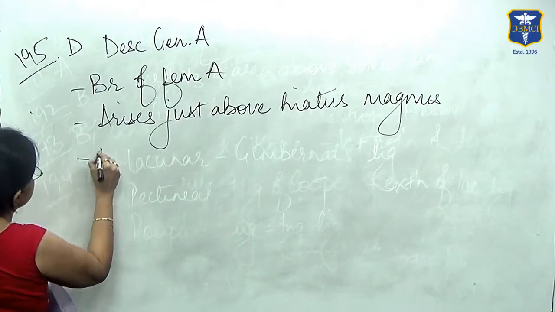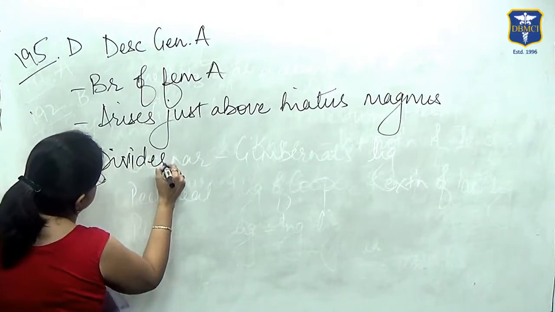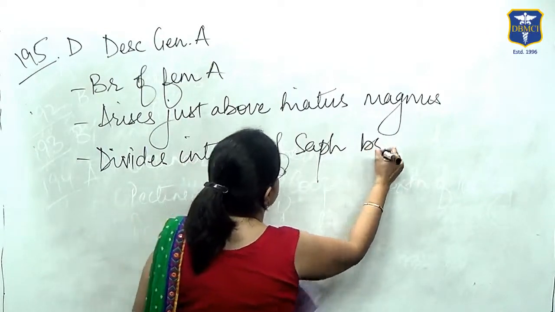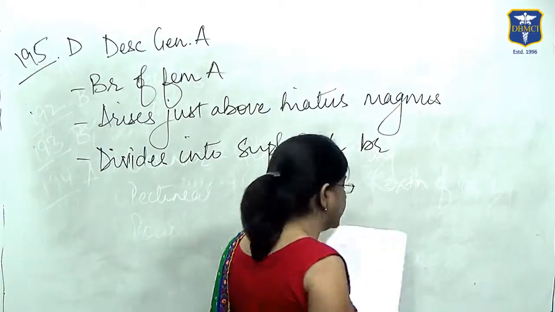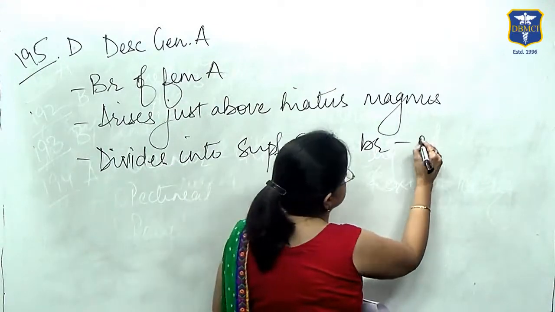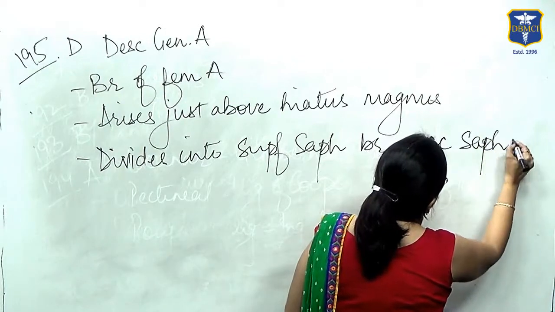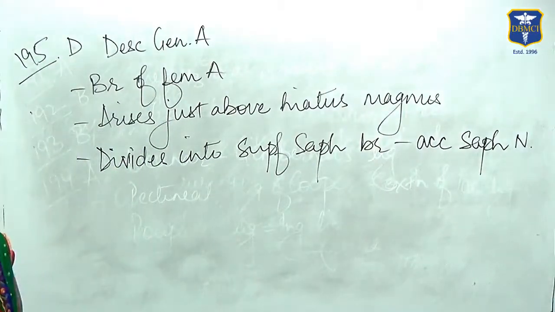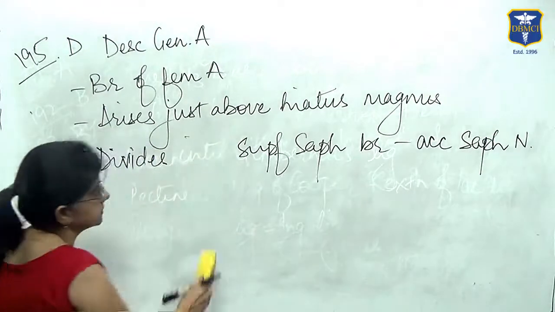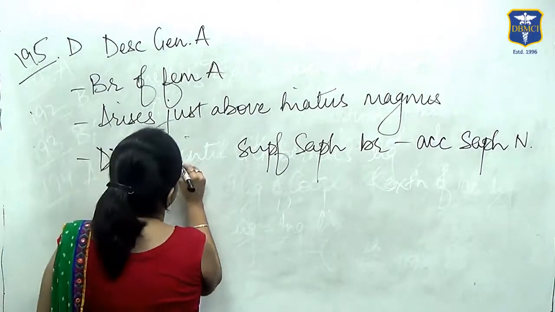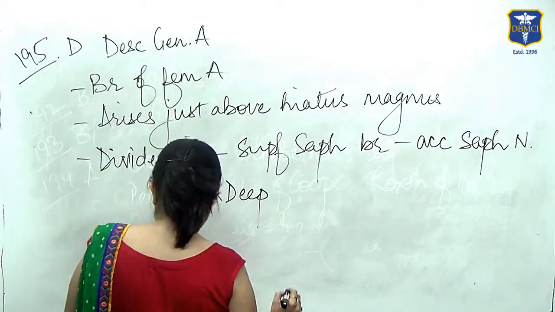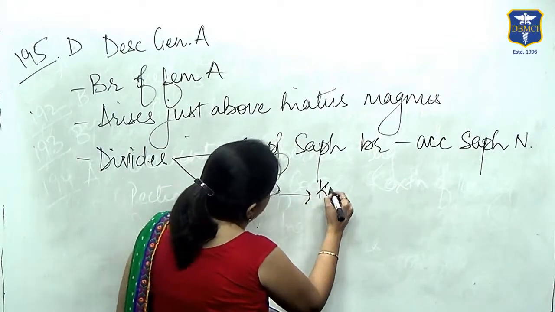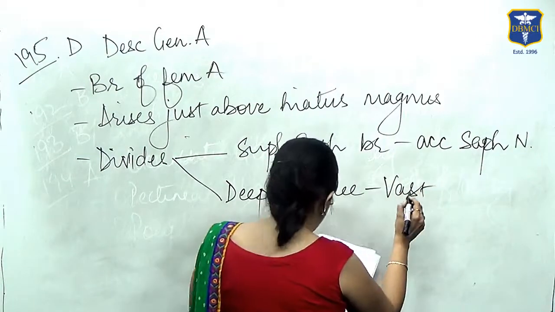It divides into a superficial saphenous branch which accompanies the saphenous nerve, and a deep branch which reaches the knee by piercing the vastus medialis.